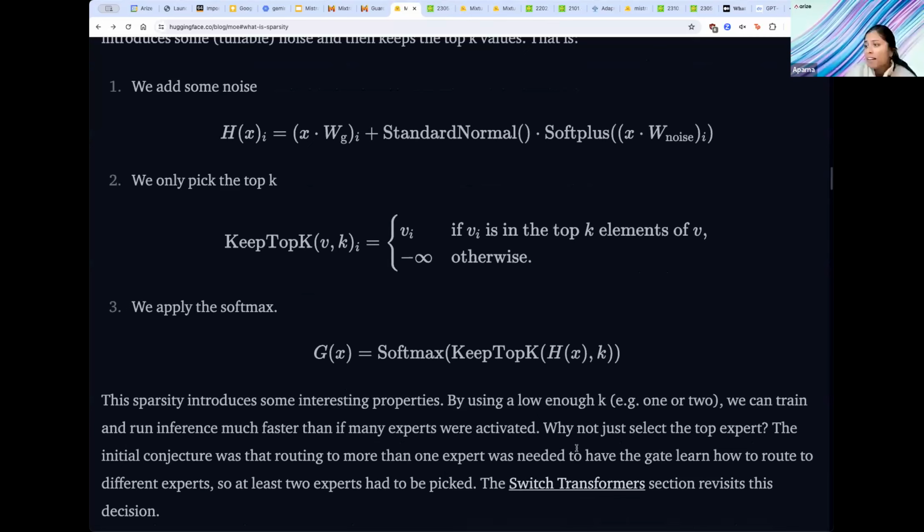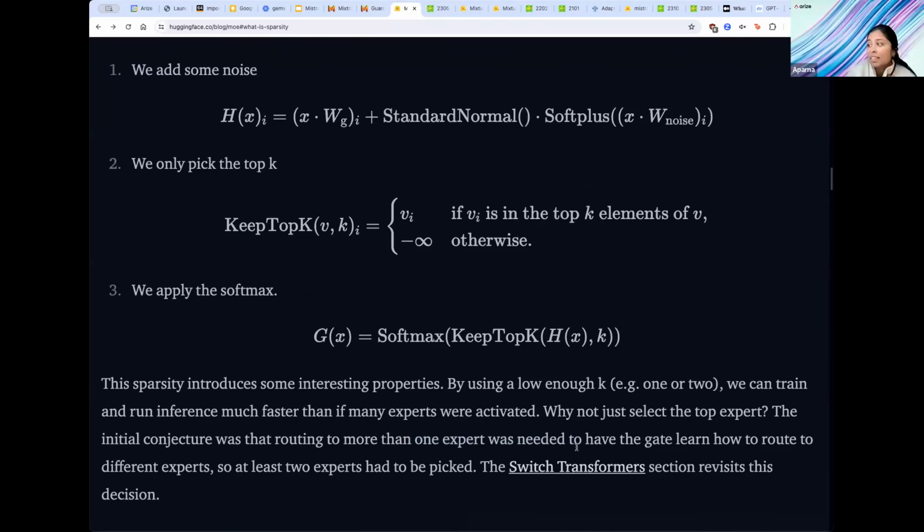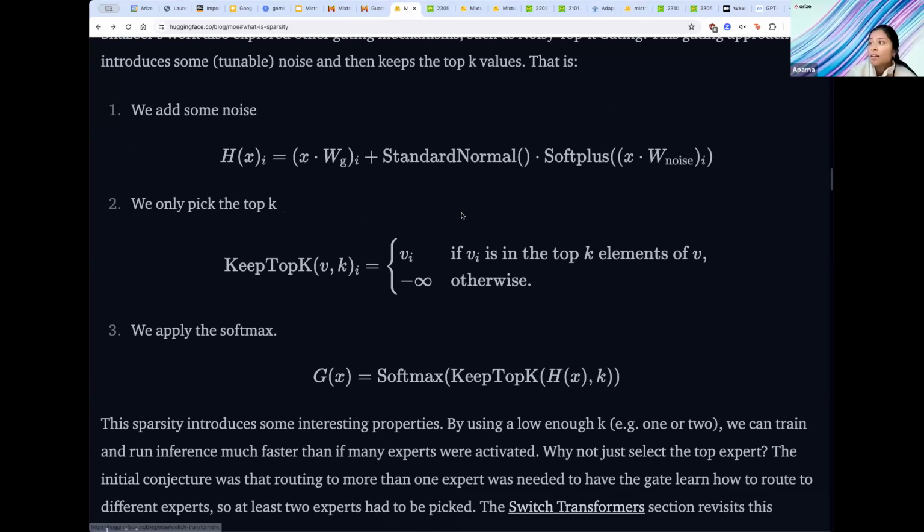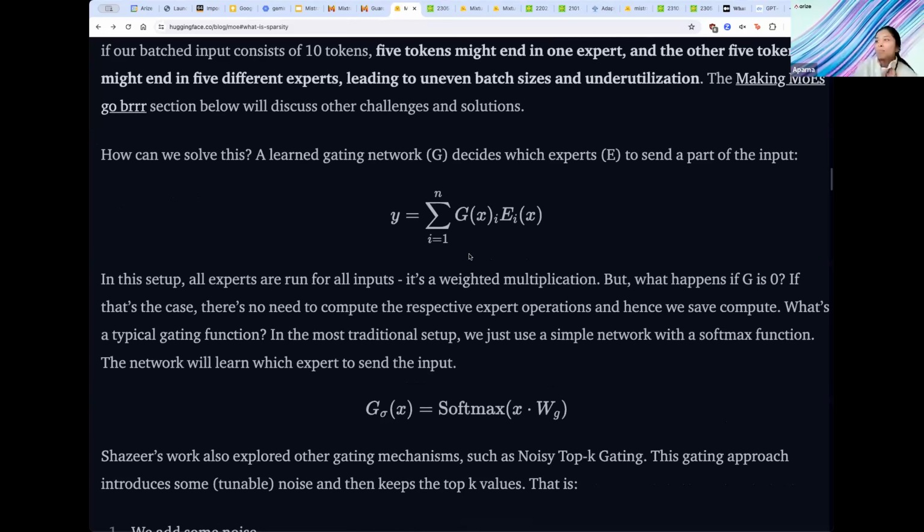They want more than one expert, so the gate learns how to route to different experts. So at least 2 experts had to be picked. I think the switch transformer paper revisits this. But essentially this gating network function is like weighted multiplication. It's helping you figure out at the end of the day which expert to pass it through. Most of them will be 0, which means it only has to go through compute for a specific set of those experts.